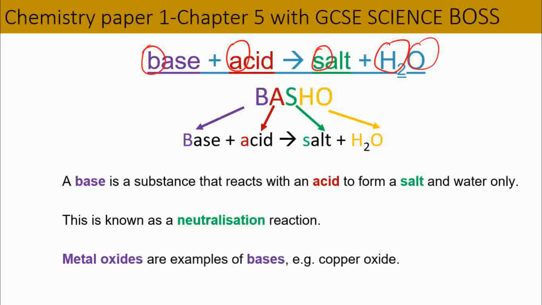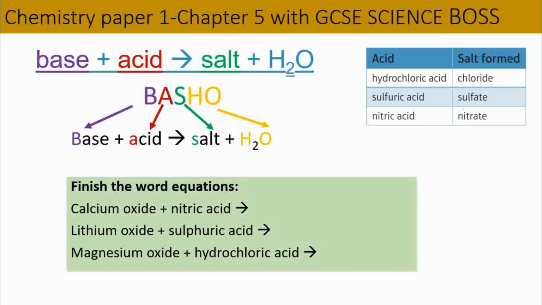So as we said, remember, metal oxides are bases. For example, copper oxide, calcium oxide, sodium oxide, those are bases, all right? Now let's see if you fully understand what's going to happen here. Calcium oxide, which is a base, reacts with nitric acid. Remember, it's going to form calcium nitrate, and my other product will be water.